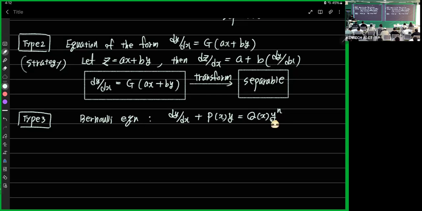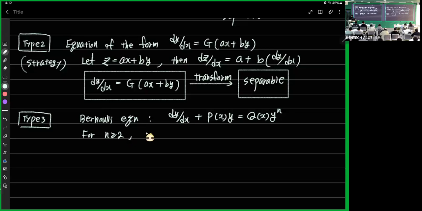If n equals 0, it's linear. If n equals 1, it's linear. It's not a big deal to deal with that. But if n is greater than or equal to 2, the equation is not going to be linear anymore.